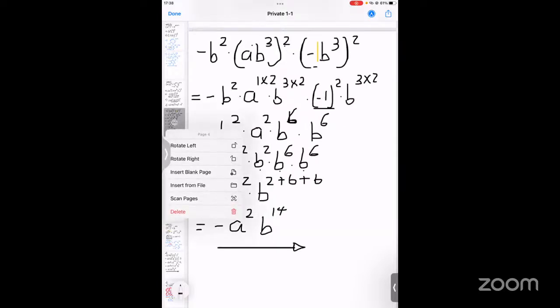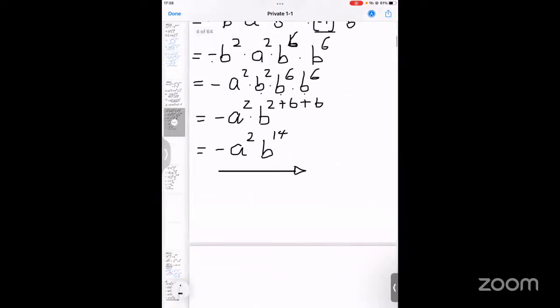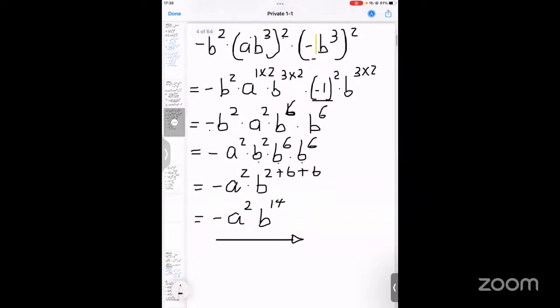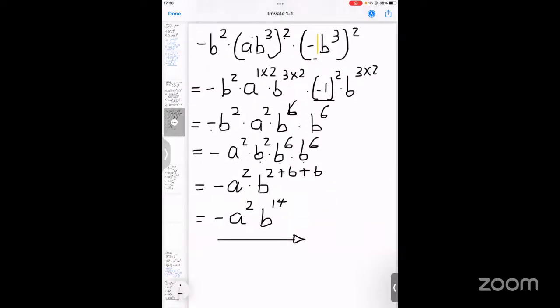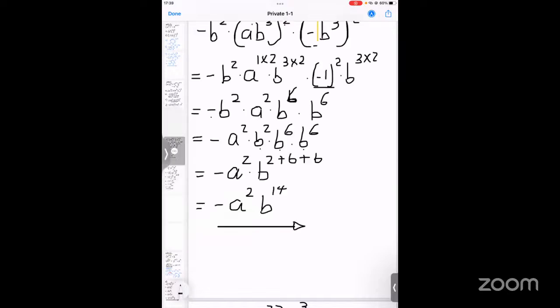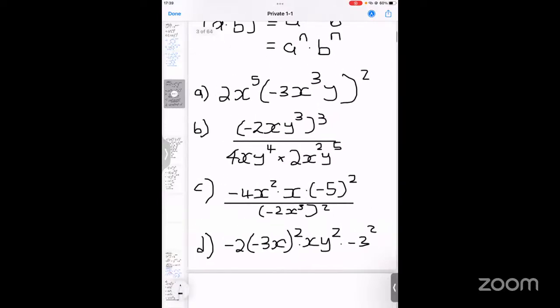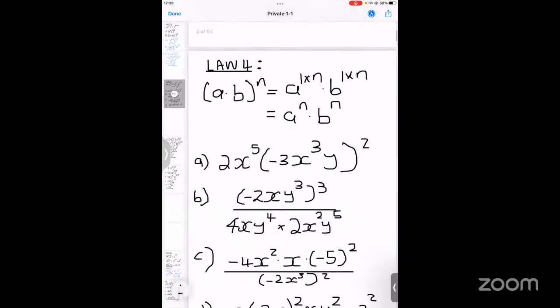So what I'm going to do now is to introduce law number 4. I want to introduce law number 4, and then from there we will look into those problems. A very simple law, Langelihle, which says you have different bases inside the brackets.